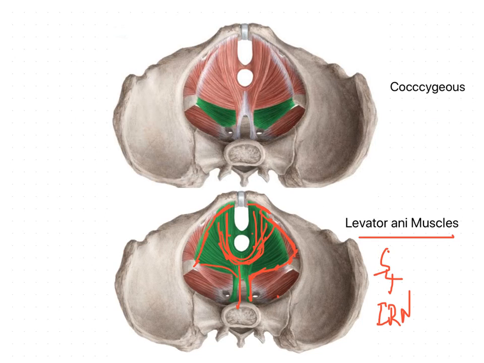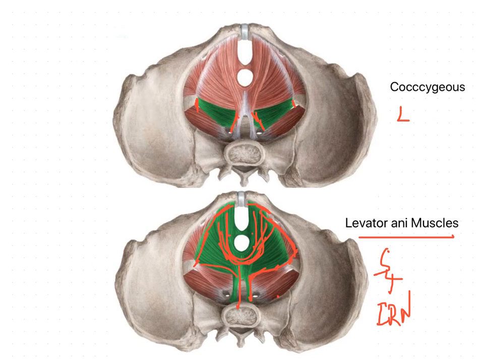If you see the coccygeus, the origin is from the ischial spine. And the insertion is on the lateral margins of the coccyx and also the last piece of the sacrum. This is the insertion of coccygeus.